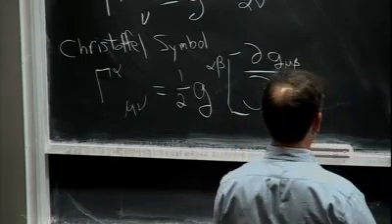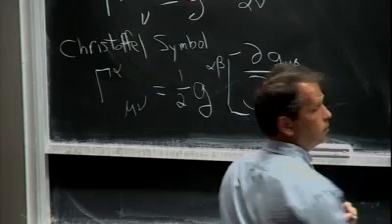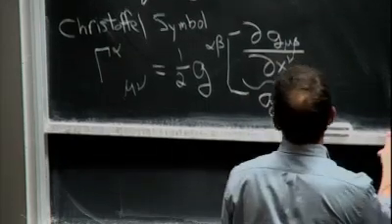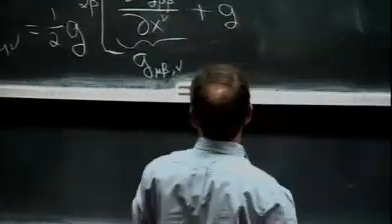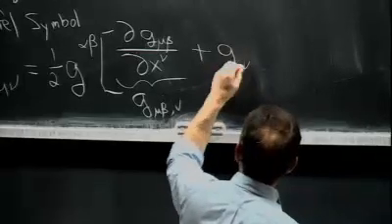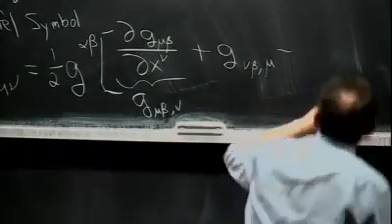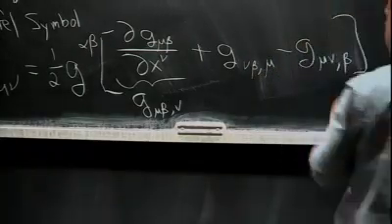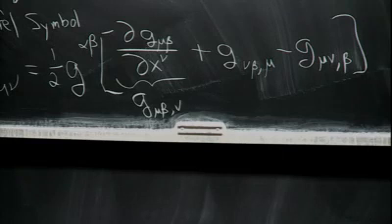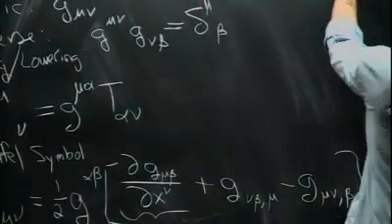This derivative we'll call g_{mu beta, nu}, that's just the convention we're going to use. The second term can therefore be written compactly as g_{nu beta, mu}, and then you subtract off g_{mu nu, beta}. So that is the Christoffel symbol, which we'll use to construct a quantity that quantifies the curvature of space-time.